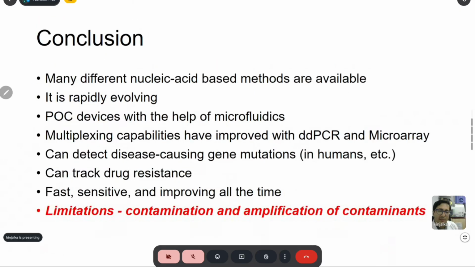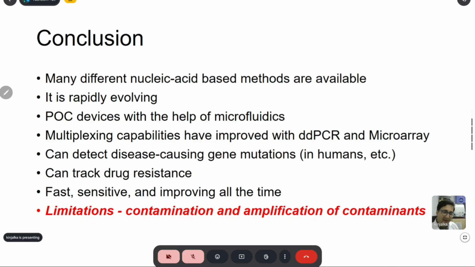So to conclude, there are many different nucleic acid-based methods. It is a rapidly evolving field. Point of care devices with the help of microfluidics is a game changer. Multiplexing capabilities have improved, especially with microarray and droplet digital PCR. One can detect disease-causing gene mutations, infections, and can track drug resistance.